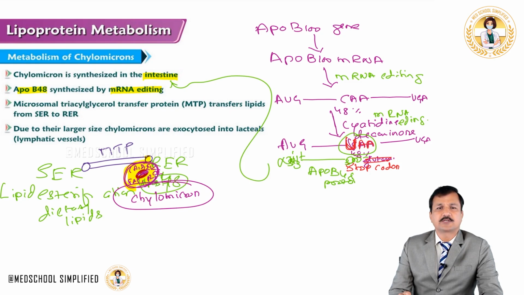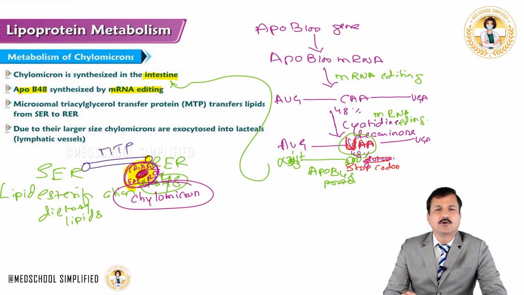I have explained the mRNA editing concept, and the importance of microsomal triacylglycerol transfer protein, which is the connector between SER and RER, and that chylomicrons, since they are big, prefer to enter lymphatics rather than portal circulation.